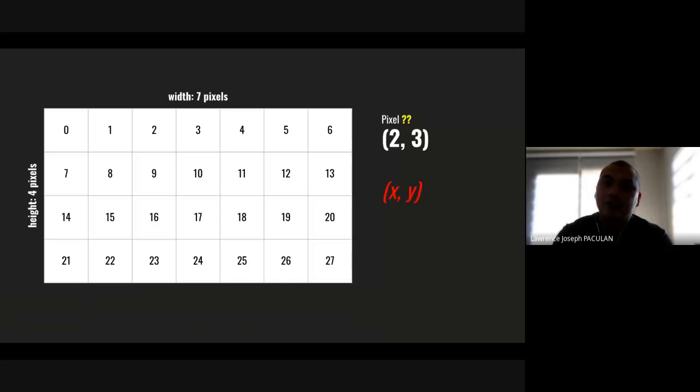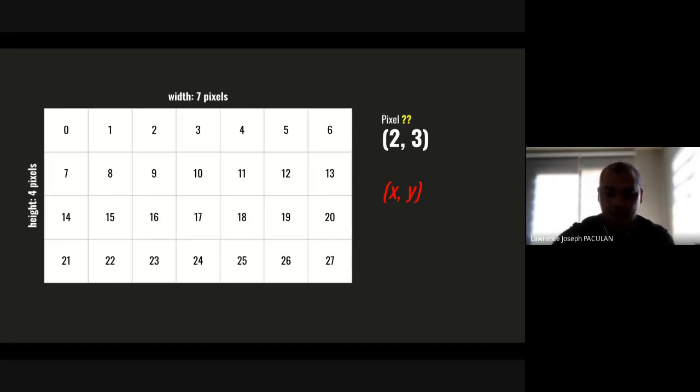What if we know the coordinates and we want to know the index of that particular coordinate? So how about this one? We know that the coordinates are 2, 3, but we do not know the pixel index.